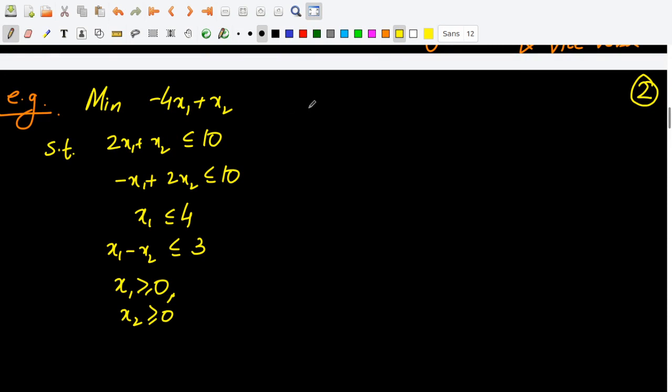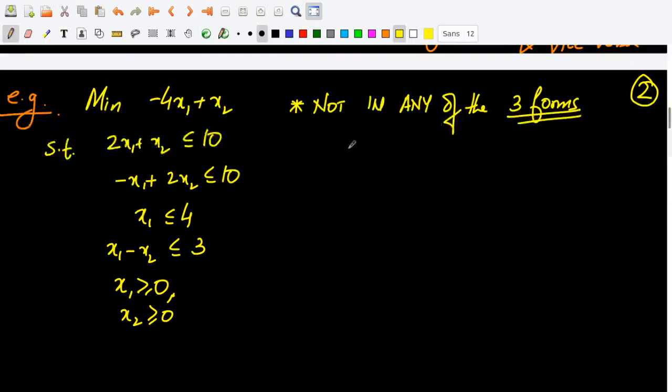So this example is not in any of the three forms that we talked about in the previous slide. However, it's easy to convert it into any of the forms that I want.